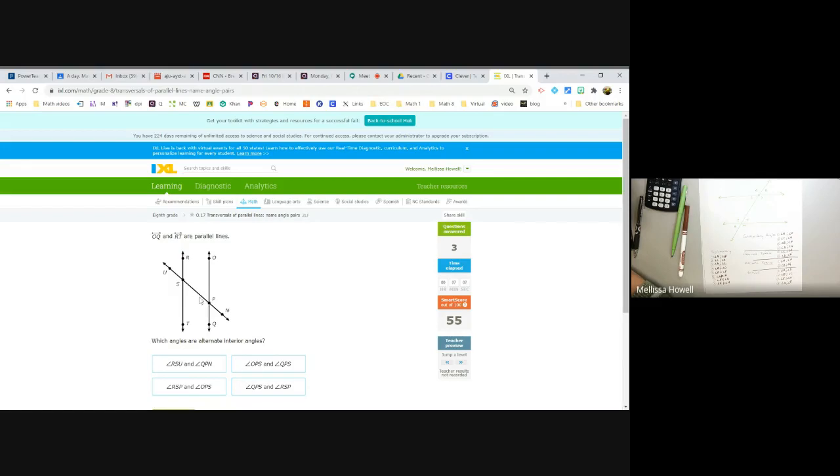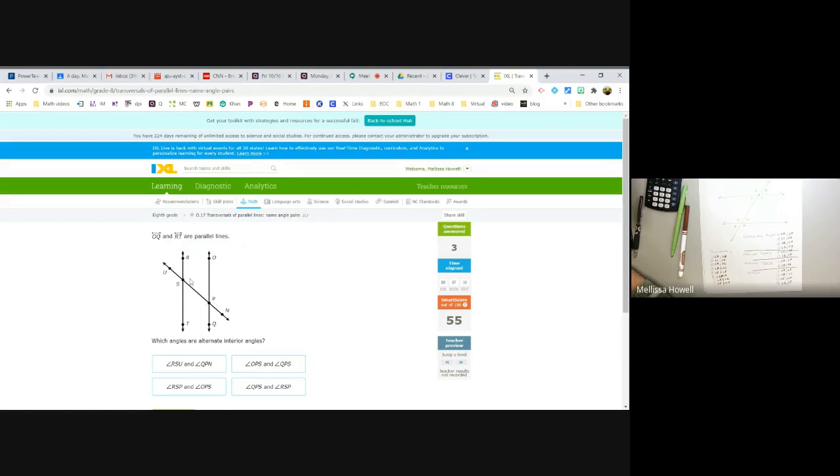So they're not alternate interior, they're the same side. OPS and QPS, those are supplementary. We're talking about this angle and this angle. OPS and RSP, that doesn't work either.